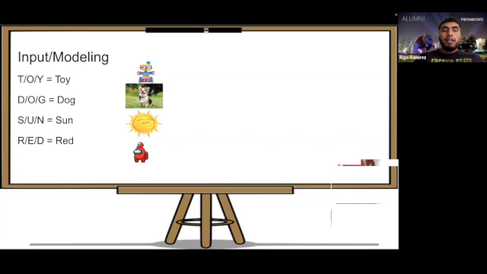And then next up, we have letters R, E, D. The sound that R makes is r, and then E, eh, and then D, d. If we join these sounds together, we get the word red. All of these words are single syllable words. We are going to move on to our next activity.